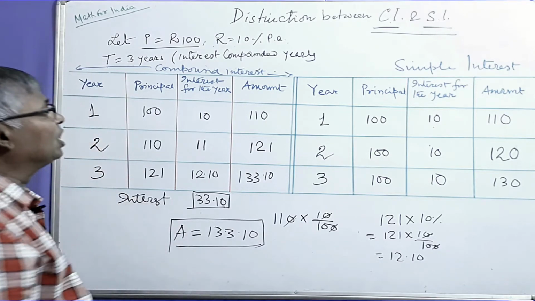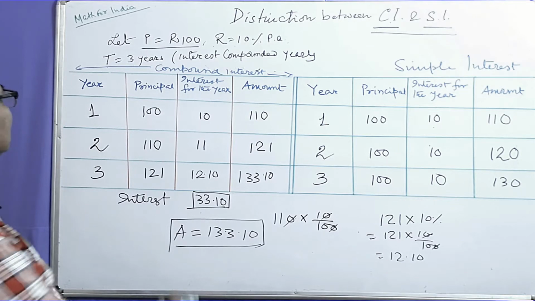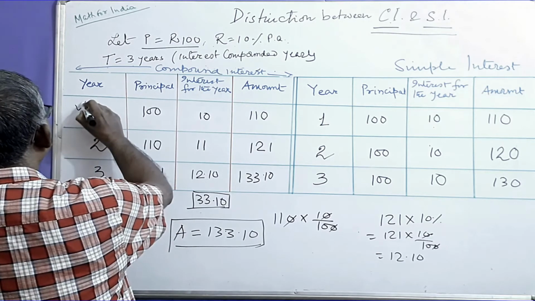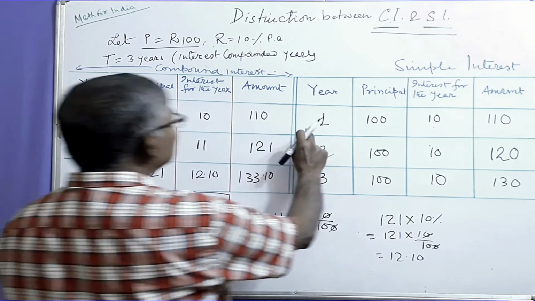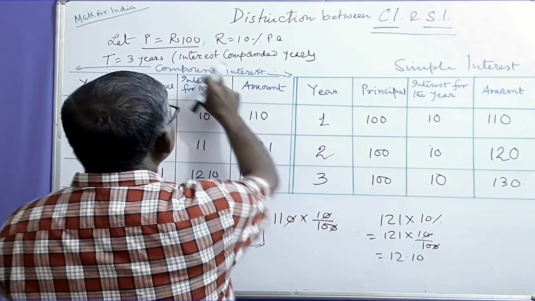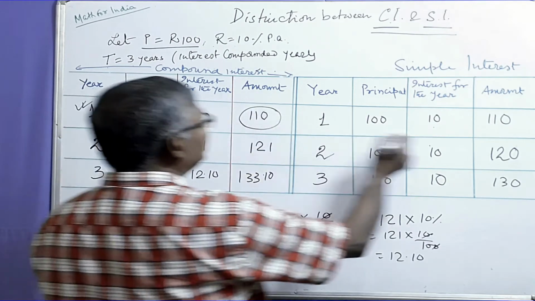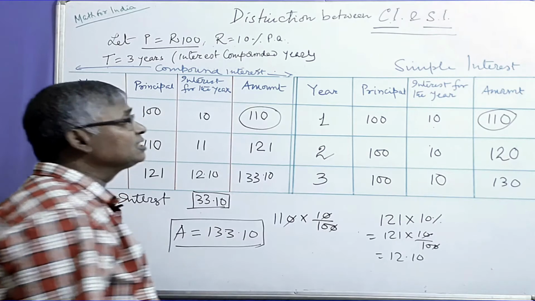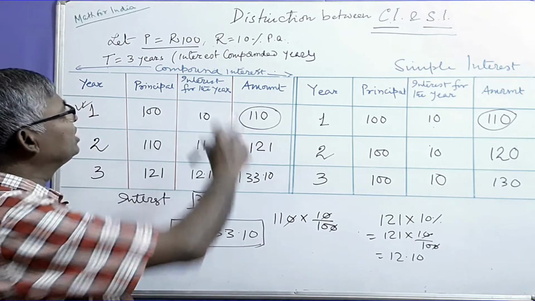So from the table it is clear, whenever the period is 1 year, and interest is compounded yearly, the amount will be the same. This is the exception when simple interest and compound interest are equal.